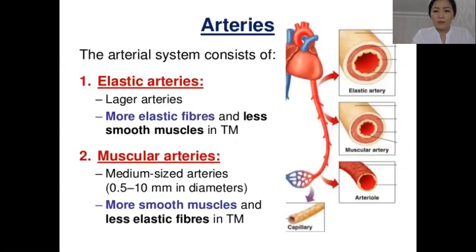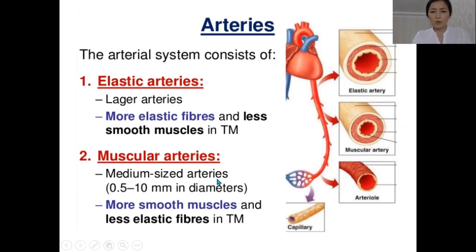Next part of the cardiovascular system, arteries. The arterial system consists of three types of arteries: elastic arteries, muscular arteries, and arterioles. The largest of them, of course, are the elastic arteries. Then muscular arteries, or we can say medium-sized arteries.